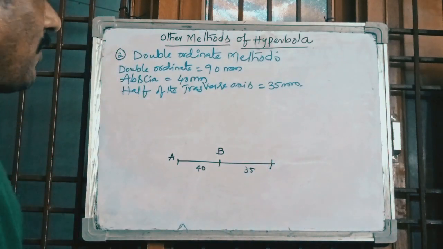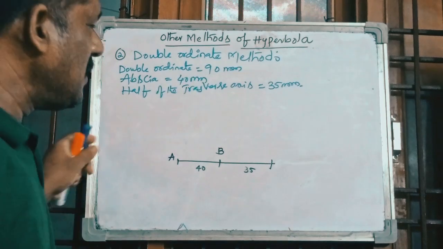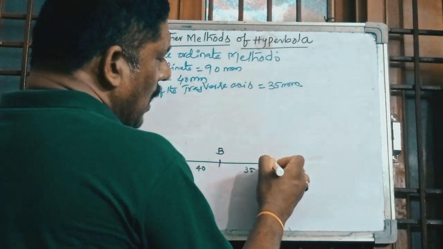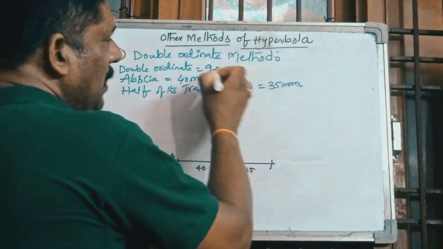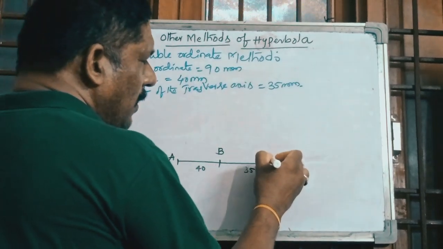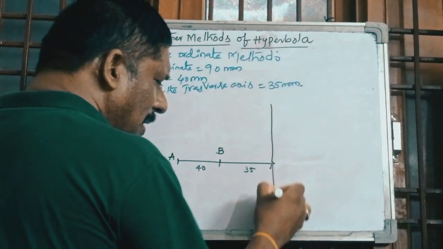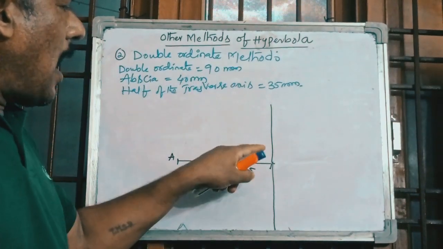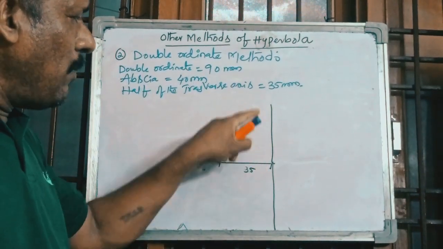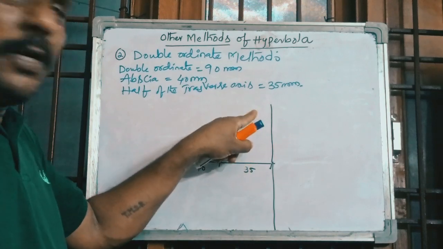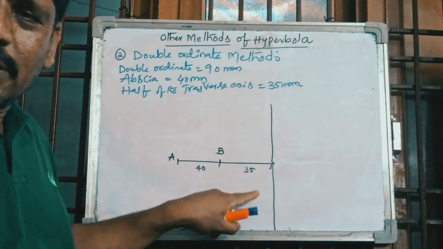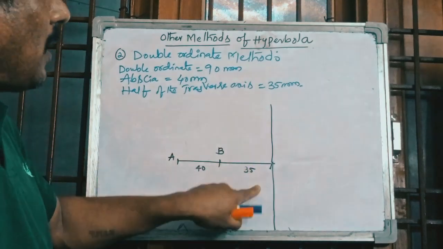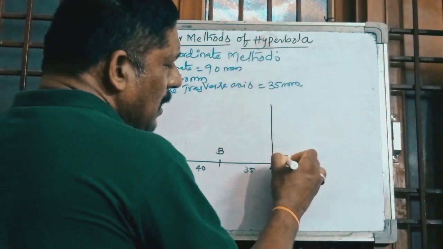This is 35 mm, and the double ordinate distance is 90 mm. So above up to this point, perpendicular to this, take 45 mm above and 45 mm below. Okay, so this is a double ordinate, meaning half of the distance above and half of the distance below. So 45, total is 90.